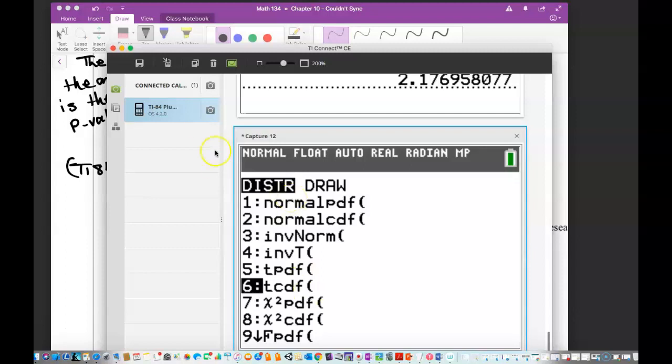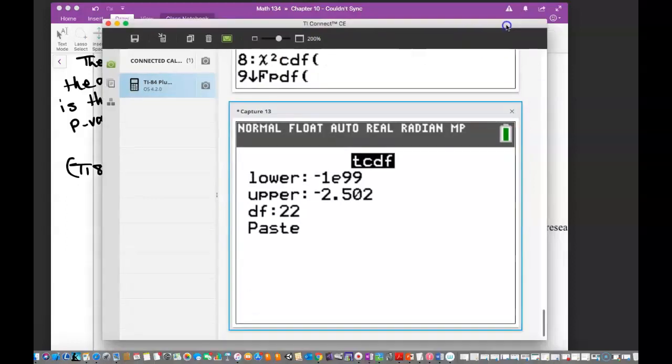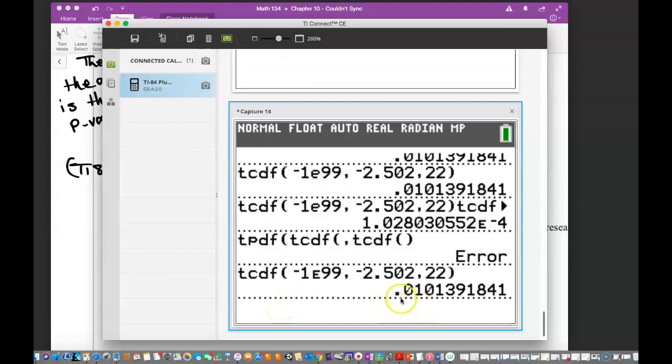So I have these data. The degrees of freedom is 22 because that is equal to n minus 1. N is 23, so 23 minus 1 is 22. Then enter.